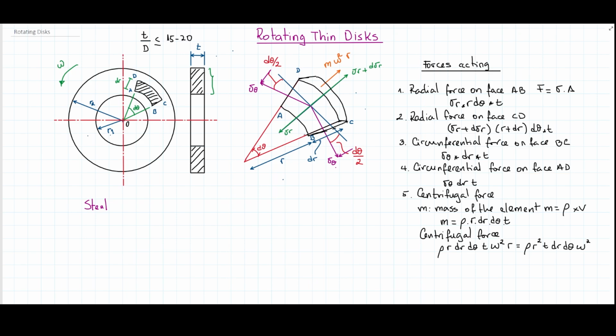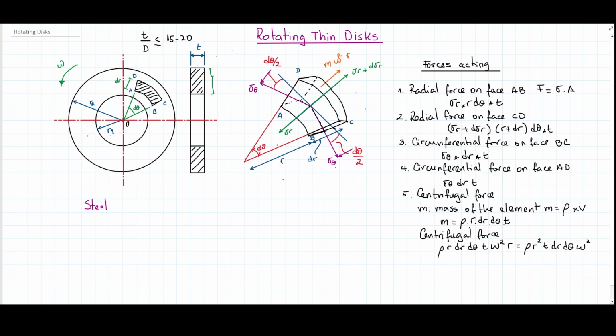So we have AB in this area here that is going to create a certain surface. If I try to draw it something like this. What is the force that is going to be present in this area? Because we have a stress here, sigma r. The force is going to be sigma times the area, and the area of this small segment at the bottom of this differential element is going to be what?